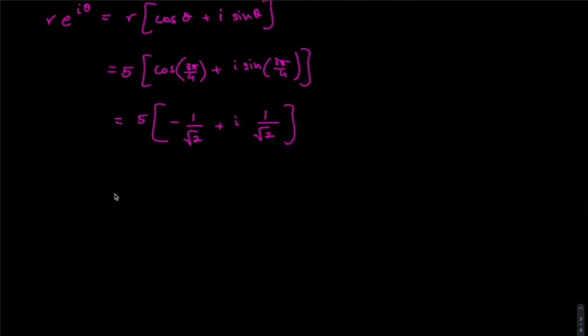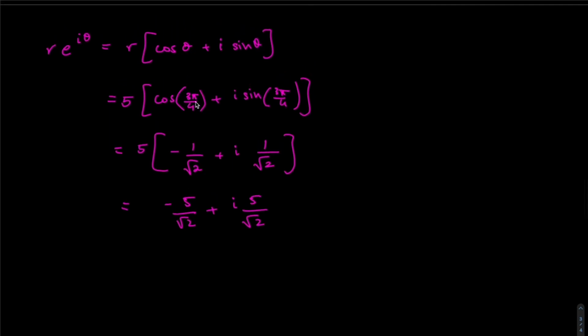Now let's distribute the 5, so we'll have -5 by root 2 plus i of 5 by root 2. By plugging in the value of our argument, we've converted the entire thing to Cartesian form right here itself. There's nothing more to do. This is our Cartesian form, and we have answered the question. It's as simple as this.